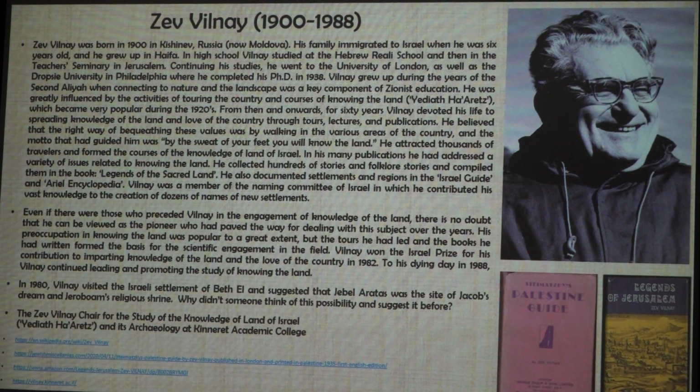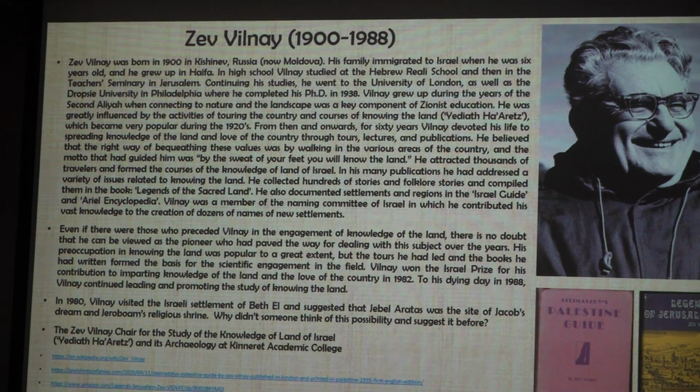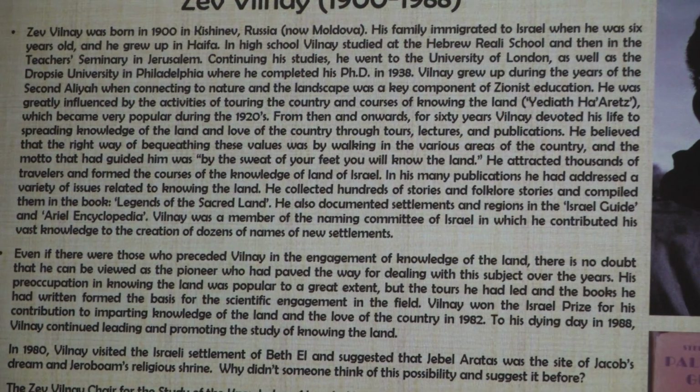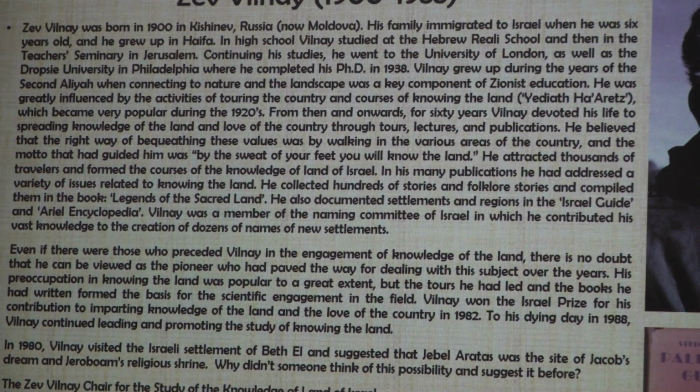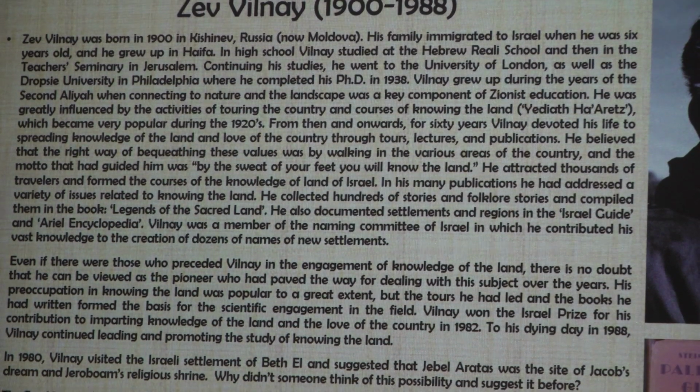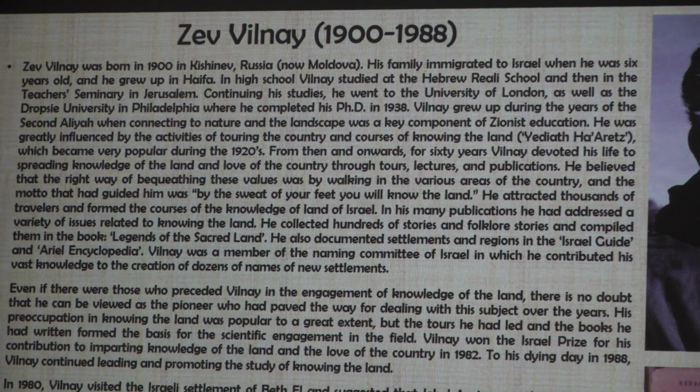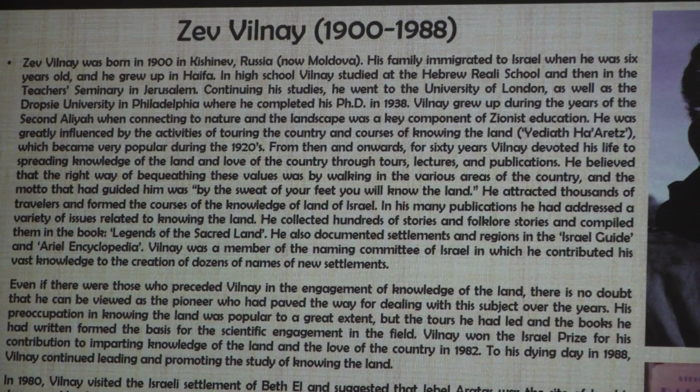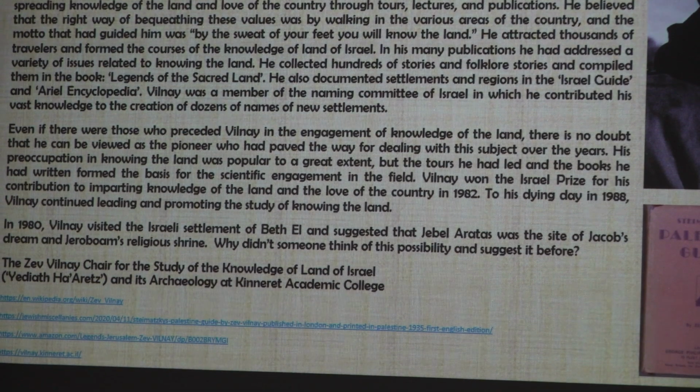And he saw that there was a site just adjacent to Bethel called Jebel Aratus. And it had features that he thought might have been related to Jeroboam's shrine and altar that was built in the late 10th century.